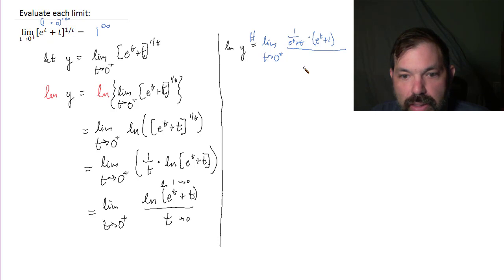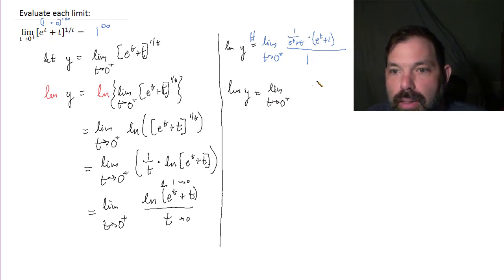And then in the denominator, this just becomes a 1, right? The derivative of t is 1. So then the natural log of y becomes the limit as t approaches 0 on the right, and this is just e^t + 1 over e^t + t.